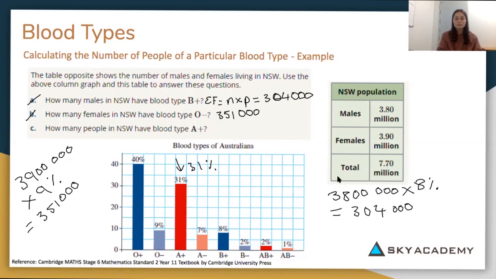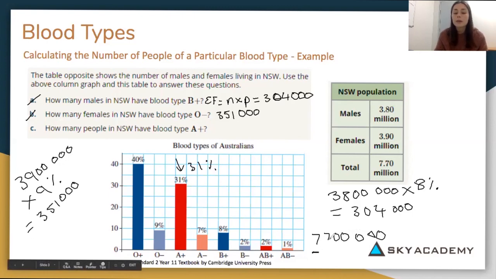We know that when we are calculating millions, we have one number out the front followed by 6 numbers behind. If it's 7.7, it'll be 7 and then 7 and then 5 more numbers to make up the 6. So that's 7.7 million times 31%.